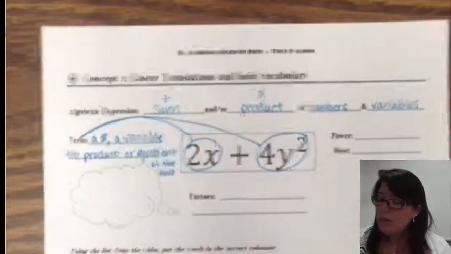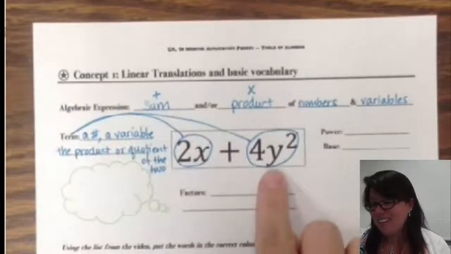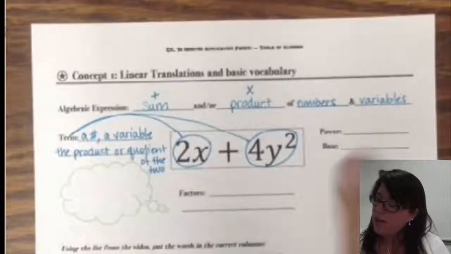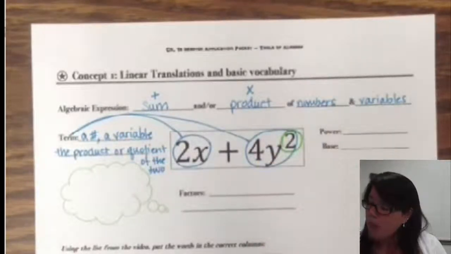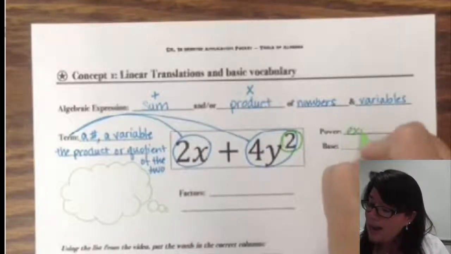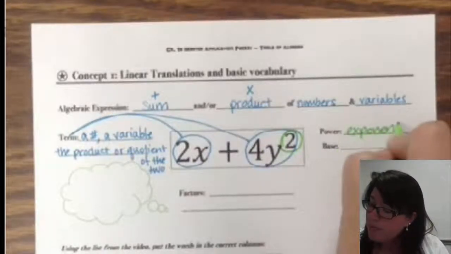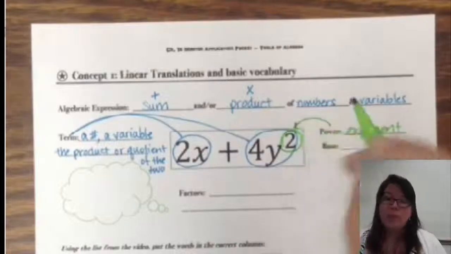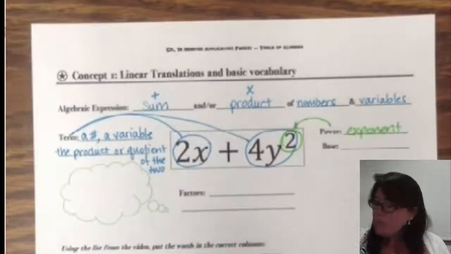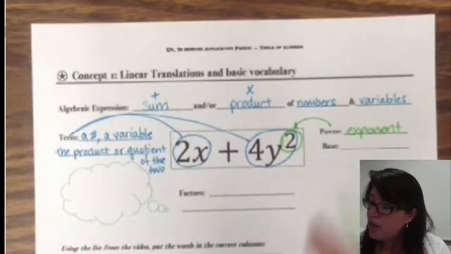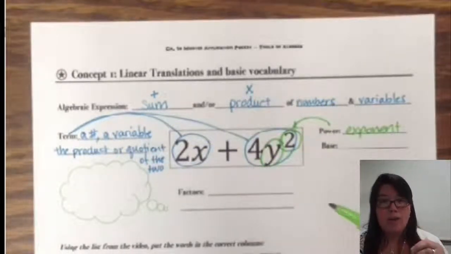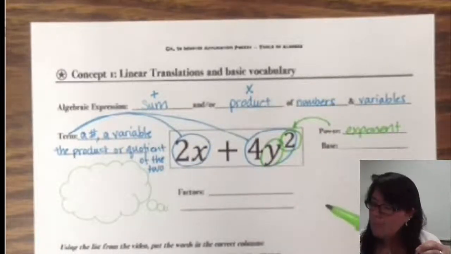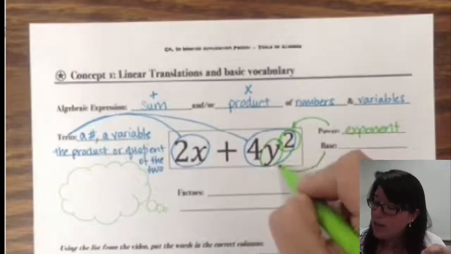Let's take a look a little bit more at this 4y squared term, because it looks kind of funky. It's got this smaller number here, this 2. That's what we call a power. Another word for power is exponent. And it'll be those small numbers that are raised up a bit. The other thing that you'll need to know is the base, the larger number that's a little bit lower down. Just like the base of a lamp is called the base.